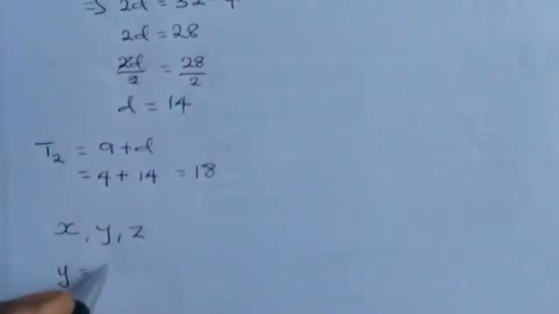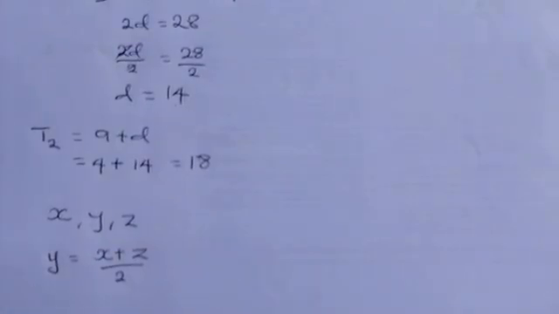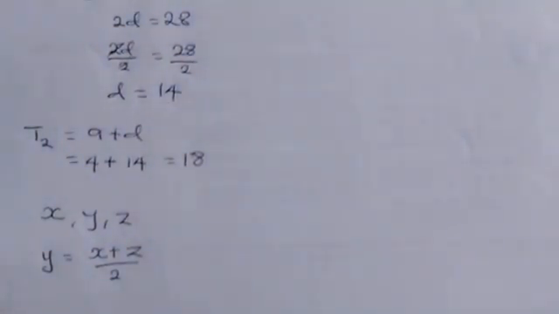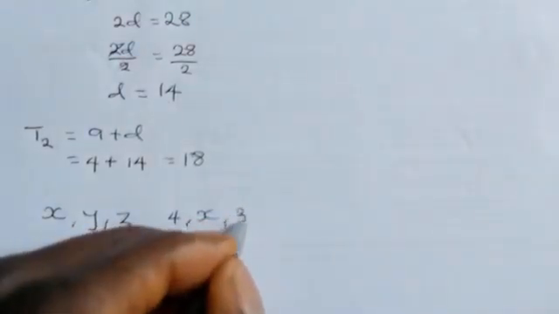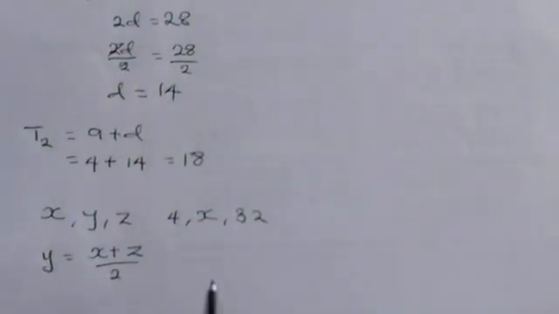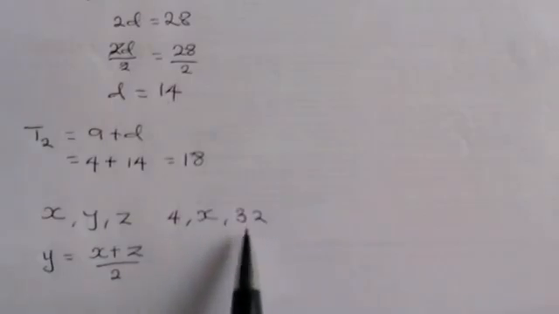That is y equal to x plus z over 2. If a given sequence is an arithmetic progression, that is how to find the arithmetic mean. So in this case, we have 4, x, 32. So this is the consecutive terms of an arithmetic progression given to us.